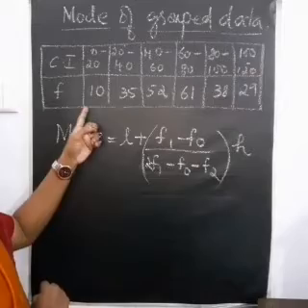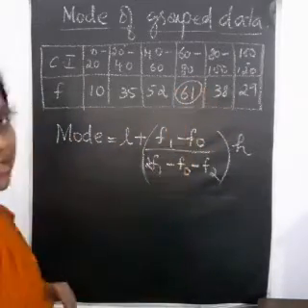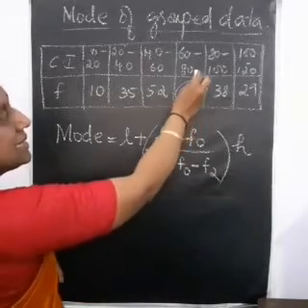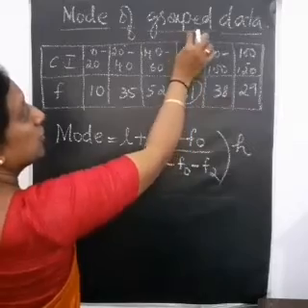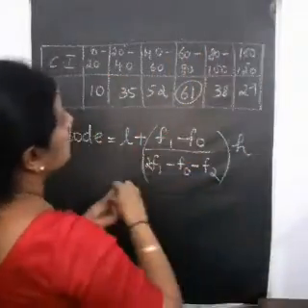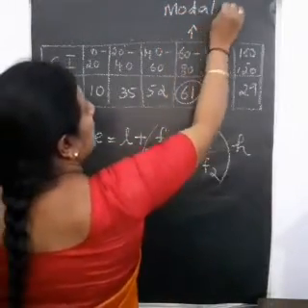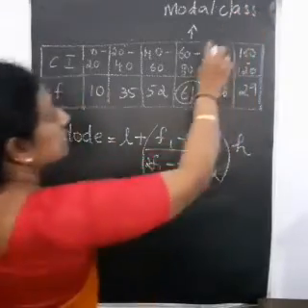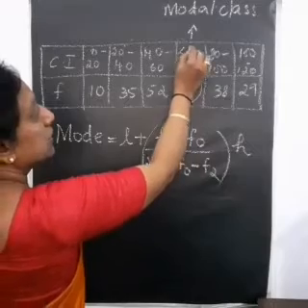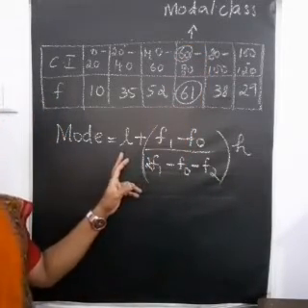Here 61 is the highest frequency, so this is known as the modal class. The modal class is 60 to 80, and 60 will be the lower limit of the modal class. That is what we need in the formula.